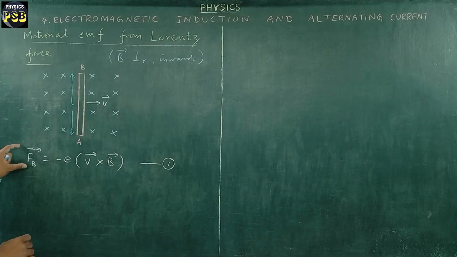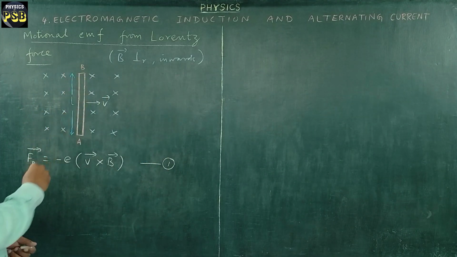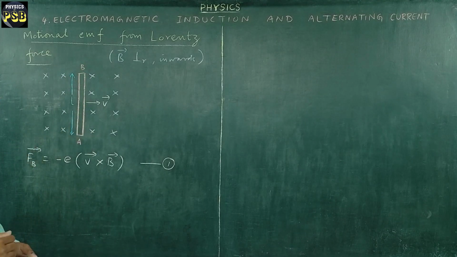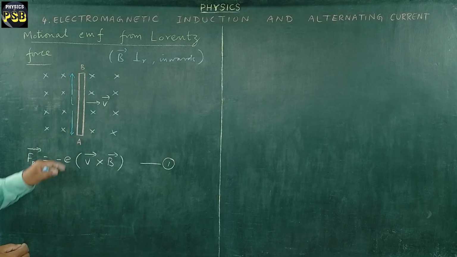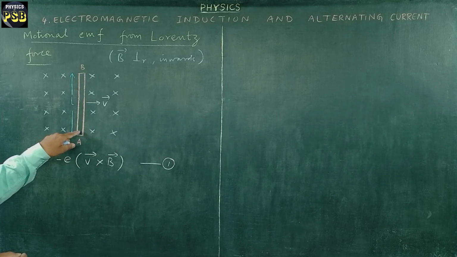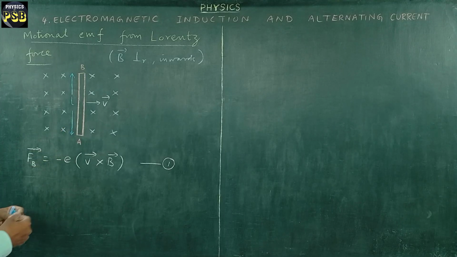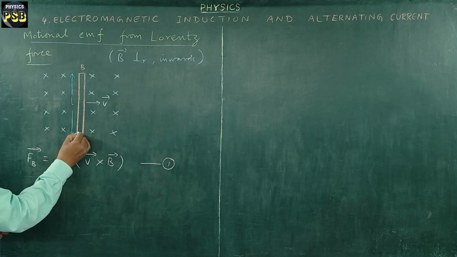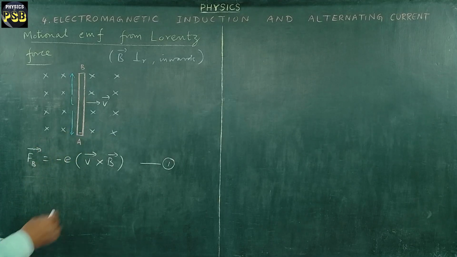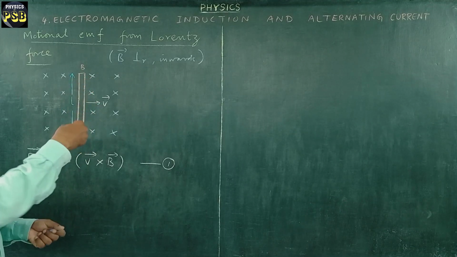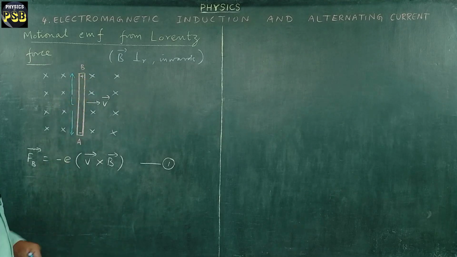Here the action of the Lorentz force is to accumulate these free electrons at this end. As a result, a large number of free electrons accumulate at E, so it becomes negatively charged. And here the number of electrons decreases, so it gets the opposite charge, that is, a positive charge.